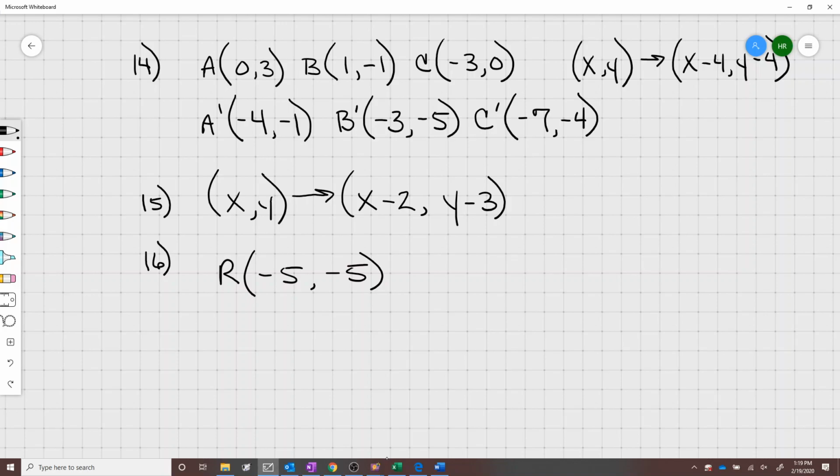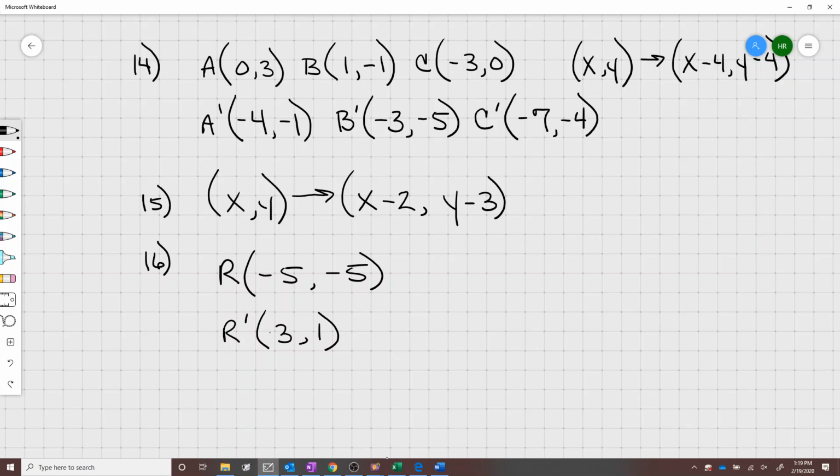They say that after a translation, R prime is at 3, 1.